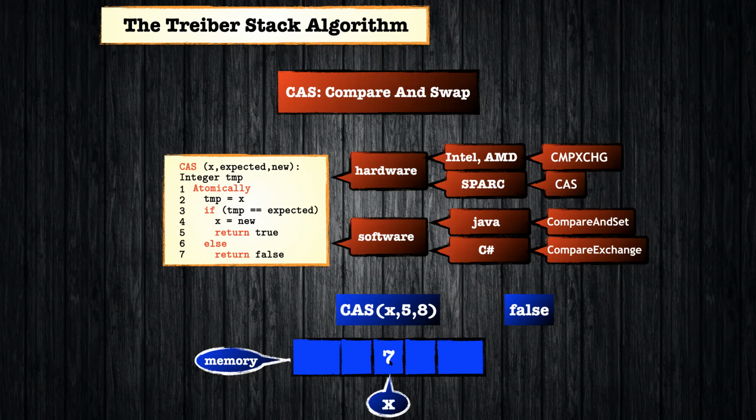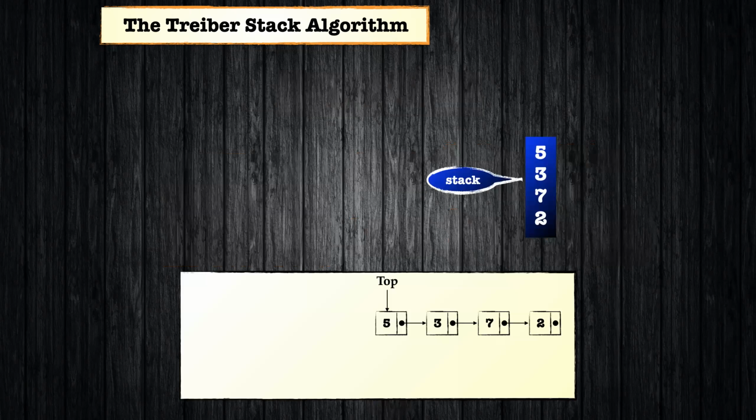In such a case, it's updated to the new value and you get a return value which is true. Otherwise, you don't change the value of x and you return false. And this is all you need to understand the Treiber algorithm.